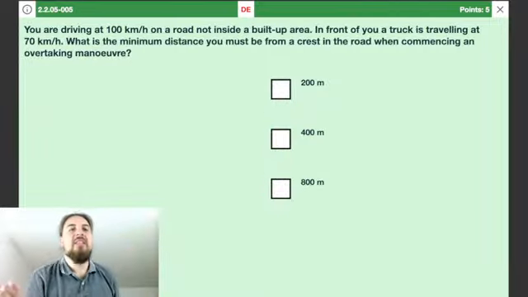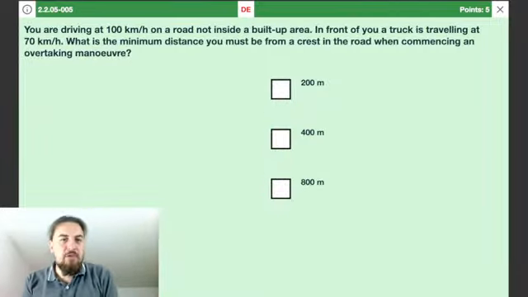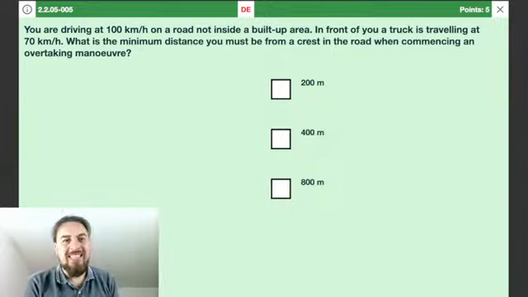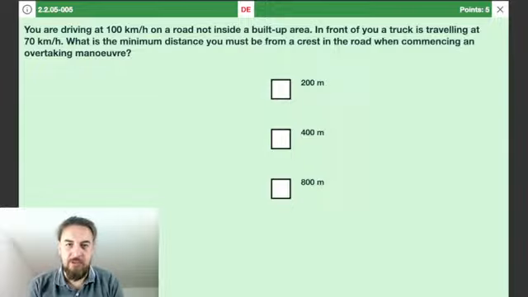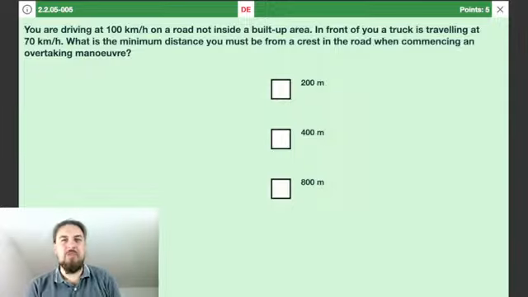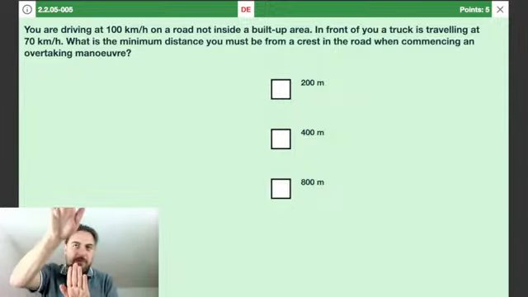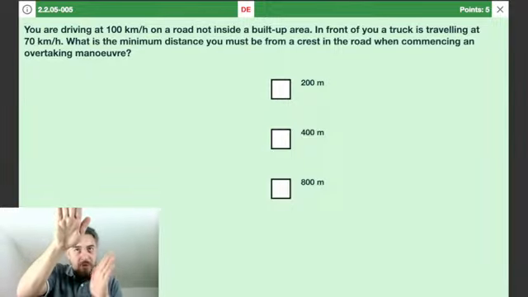You are driving at 100 kilometers per hour on a road, not inside a built-up area. In front of you, a truck is traveling at 70 kilometers per hour. What is the minimum distance you must be from a crest in the road when commencing an overtaking maneuver? You are driving 100, in front of you is a truck driving 70, and you want to overtake it.